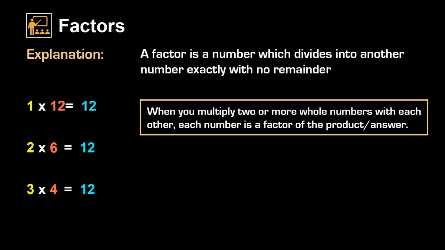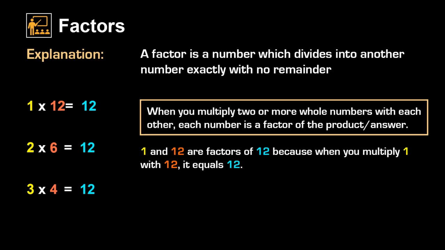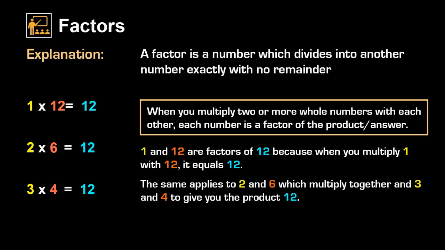That's why we say when you multiply two or more whole numbers with each other, each number is a factor of the product, or the answer. Therefore 1 and 12 are factors of 12, because 1 multiplied by 12 equals 12, and the same applies to 2 and 6 as well as 3 and 4.